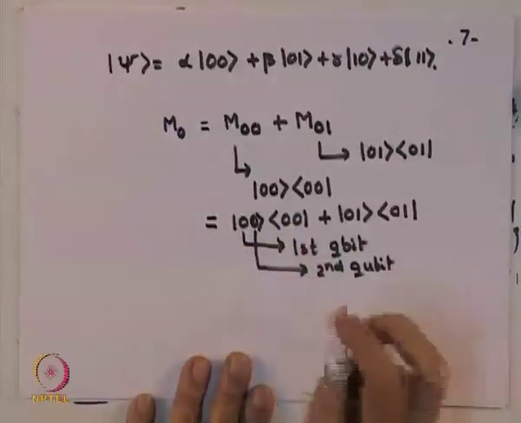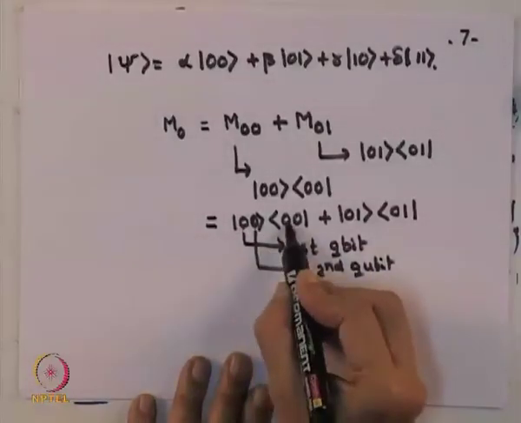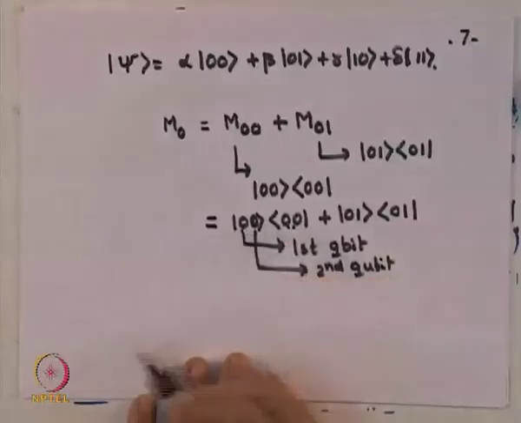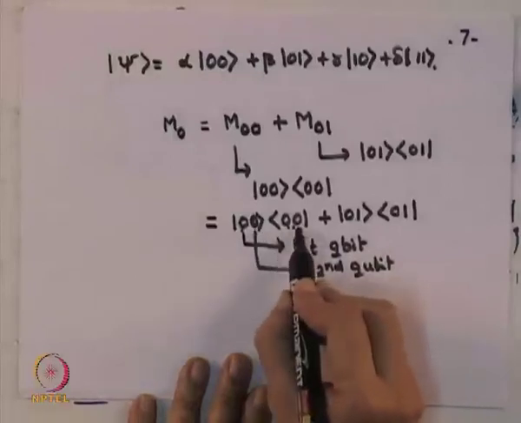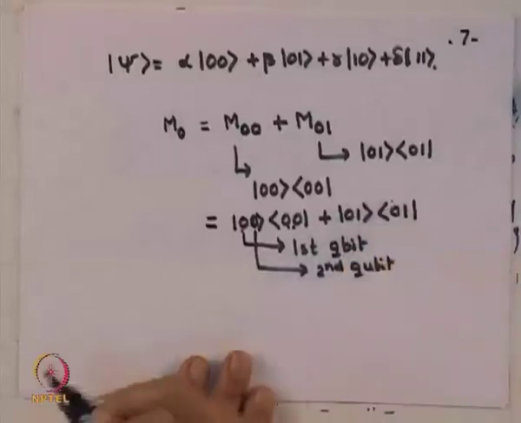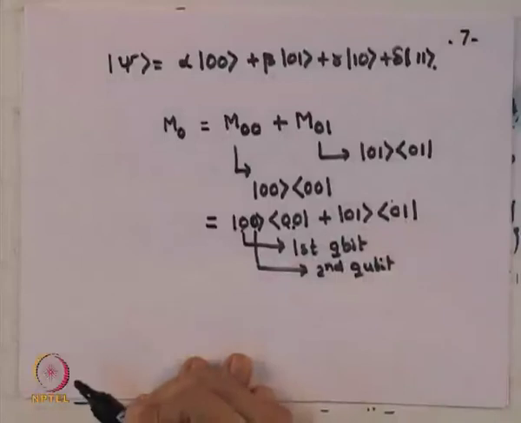The ket and the bra for the first qubit in this term is 0. The ket and the bra of the second qubit in this term is also 0. But in the second term, the ket and the bra for the first qubit is 0, but the second qubit is 1.